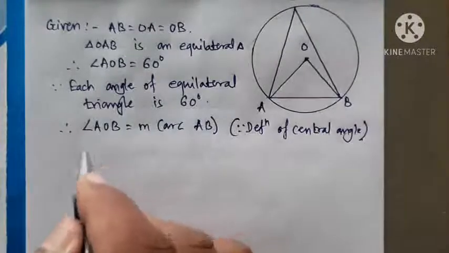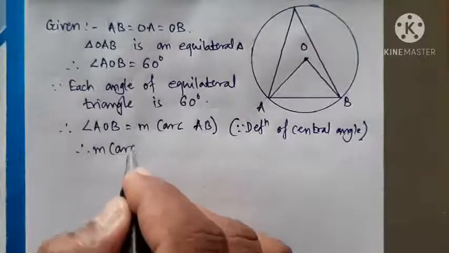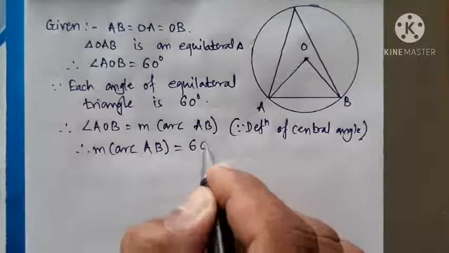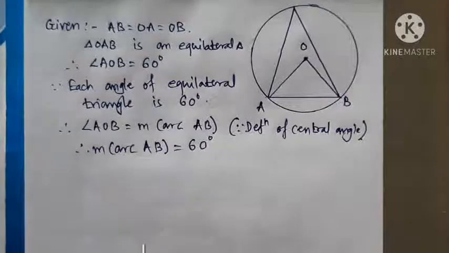Therefore, measure of arc AB is equal to 60 degrees.